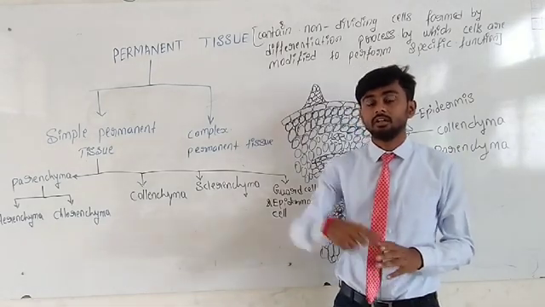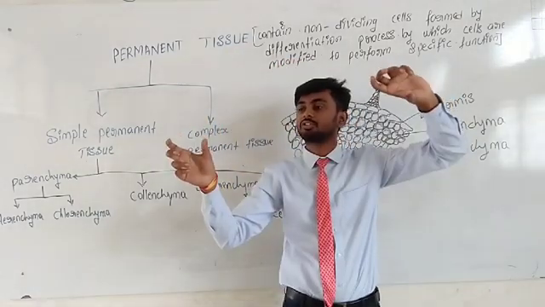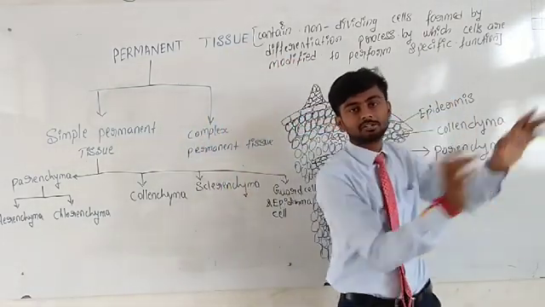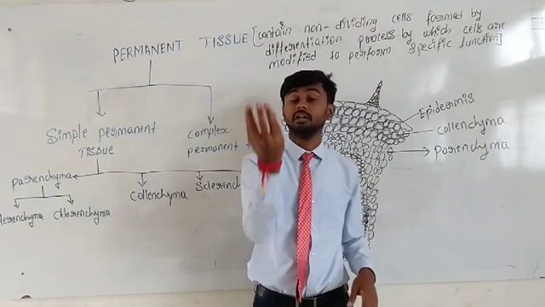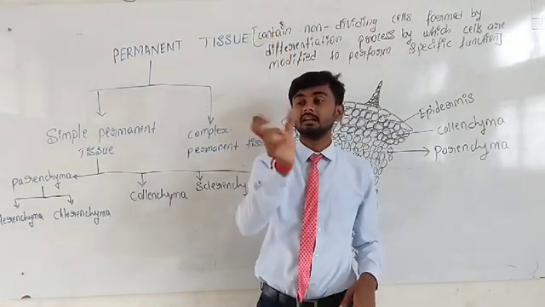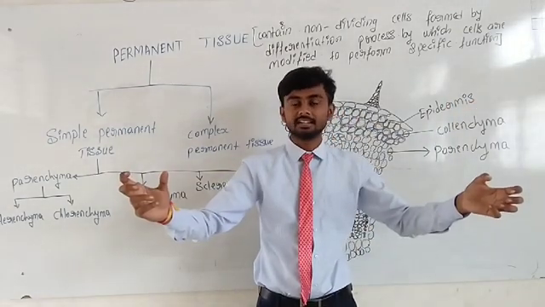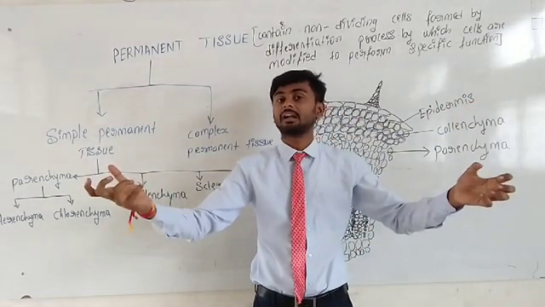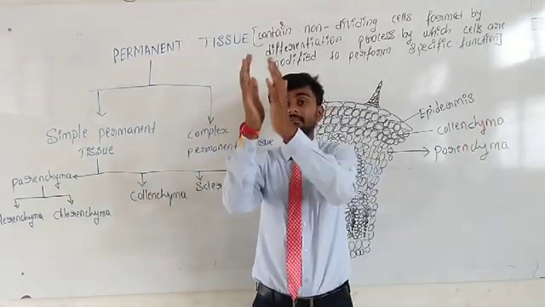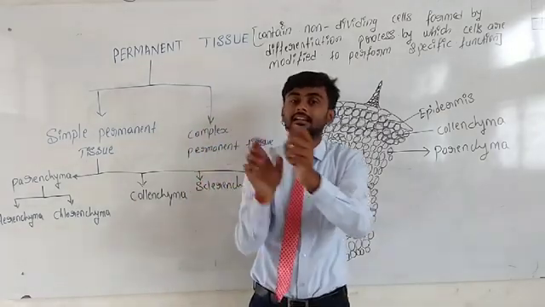Understand all of them? So first of all, tissue can be divided into plant tissue and animal tissue. Leave the animal tissue. You can see only plant tissue. Plant tissue can be divided into two types: one is the meristematic tissue, another one is permanent tissue. We already discussed this in the last class. Meristematic tissues can be divided into three types: apical, intercalary, lateral.